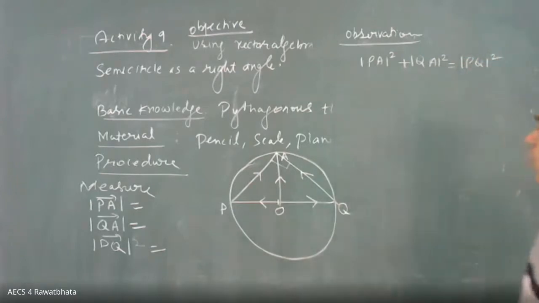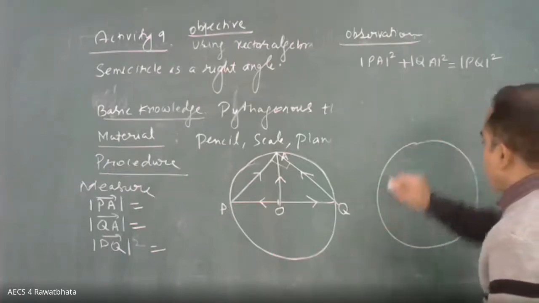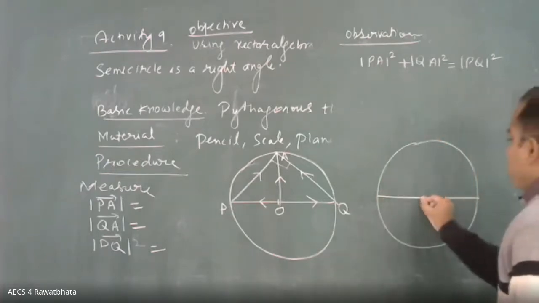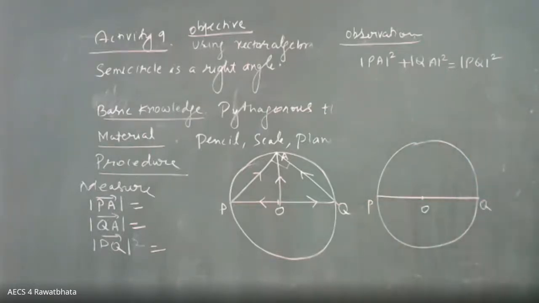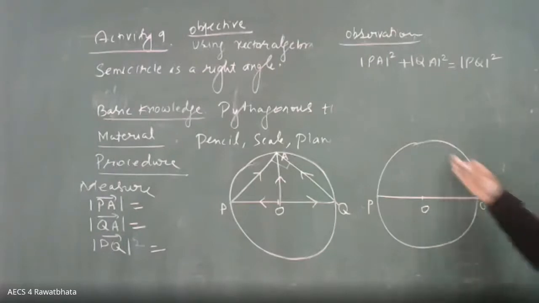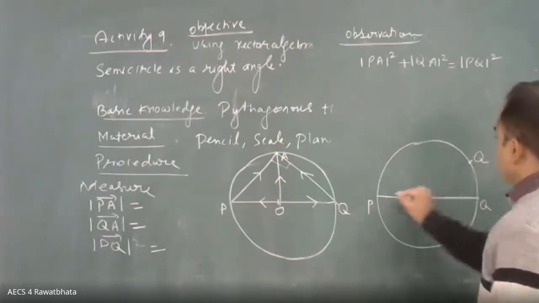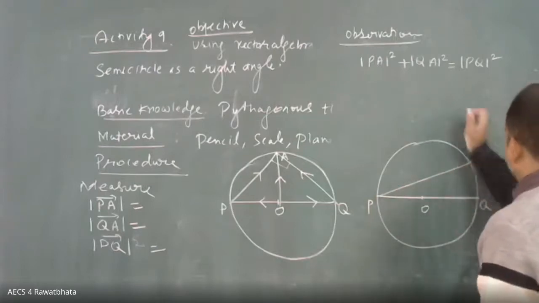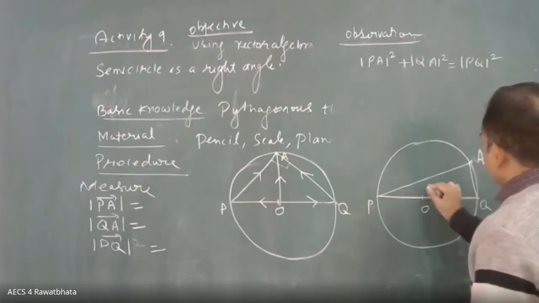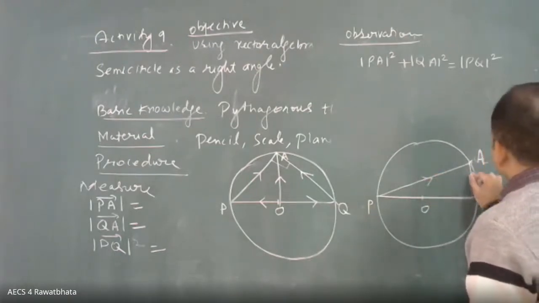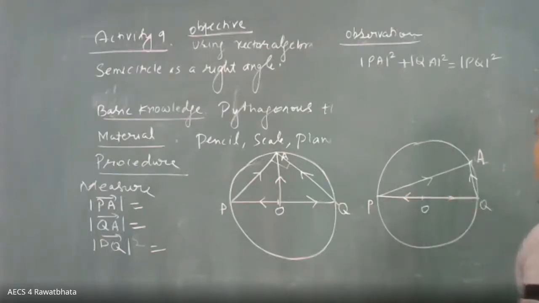Now one more figure you draw. And now somewhere else you take a point, not exactly in the middle, somewhere else. Say it is A, join it, make arrows, PA, QA, OP, OQ. I have made arrows.